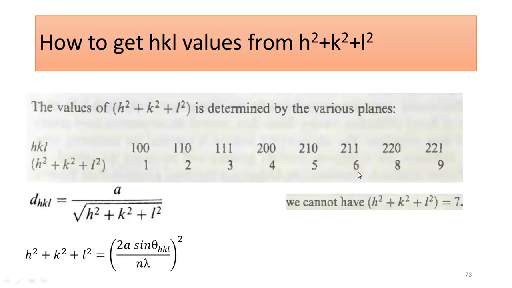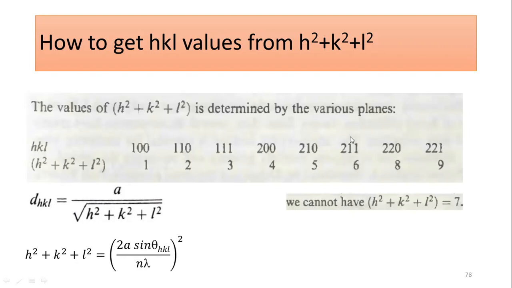Let's suppose this is the plane for 6, and how can you get the value of 6? That means when hkl is 2 1 1, 2 square is equal to 4, plus 1 is 5, and plus 1 is 6.